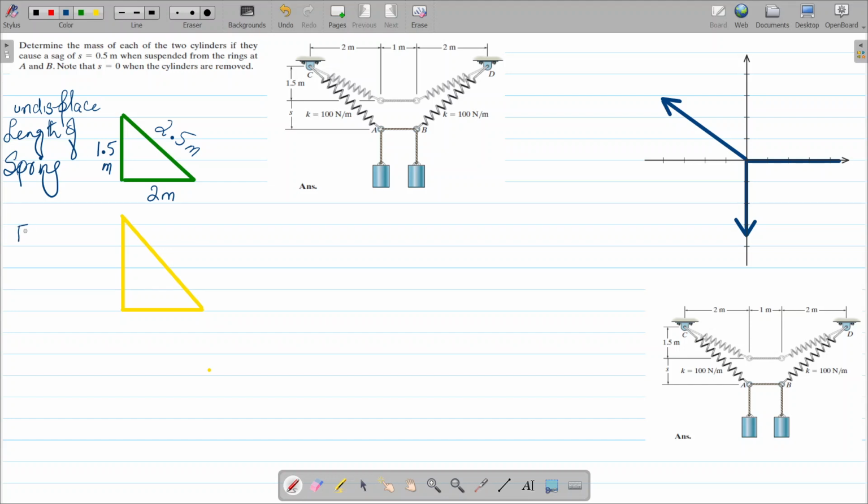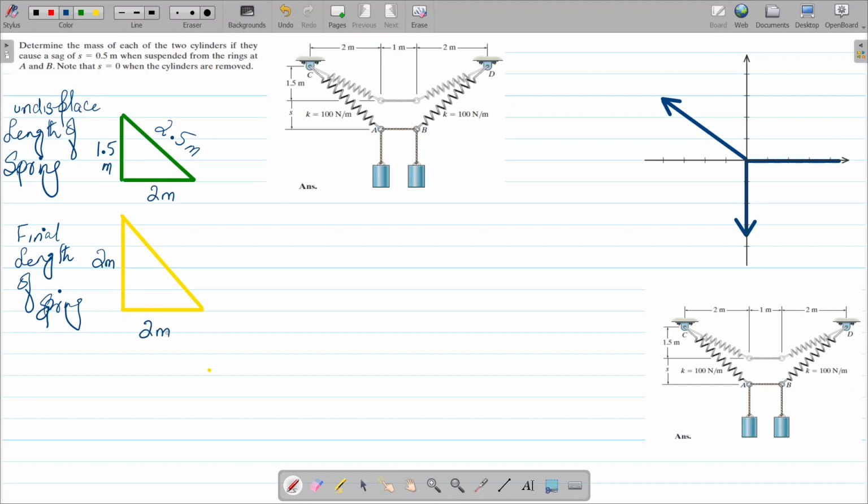The final length of the spring will be 2 meters, this will be 2 meters.